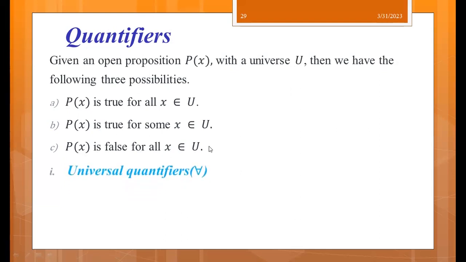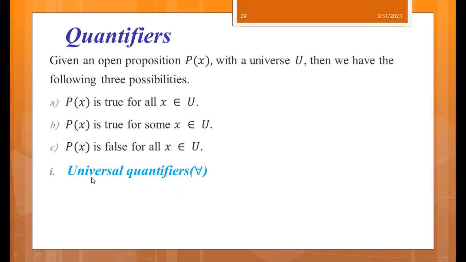Then, depending on these possibilities, the first quantifier which we are going to consider is the universal quantifier. By the way, we have two types of quantifiers, which are the universal quantifier and the existential quantifier.